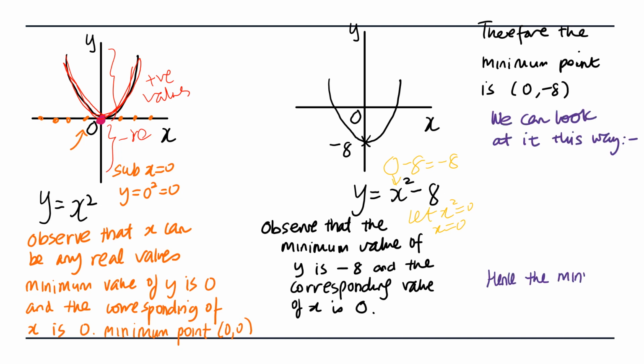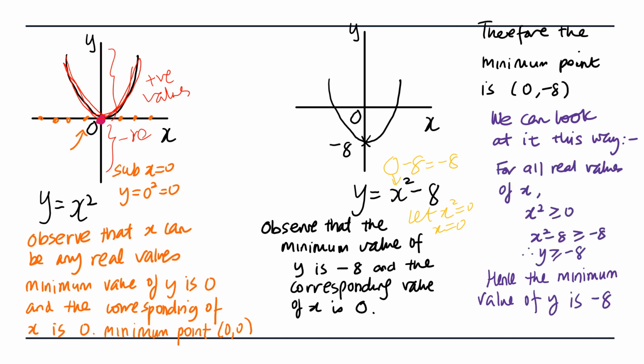Another way of looking at it is, for all real values of x, from the first curve, we can see that x squared will be greater than or equal to 0. If x squared is greater than or equal to 0, and if you take away 8, then the minimum value that you will get will be -8.